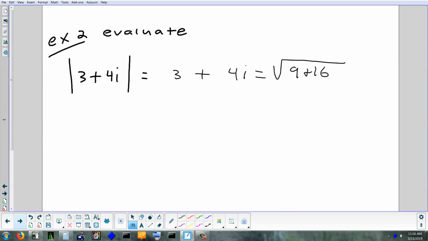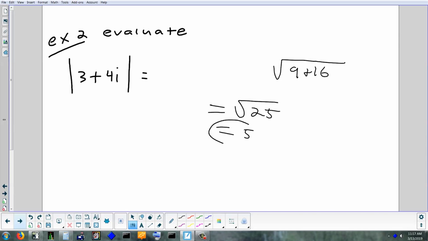Oh, are you writing the original problem again? Oh, okay, yeah. So we've kind of got that part. So the absolute value of 3 plus 4i equals, and then the square root of 3 squared, 9, 4 squared, 16, which in this case is the square root of 25, or what? 5. So that absolute value comes out to 5.